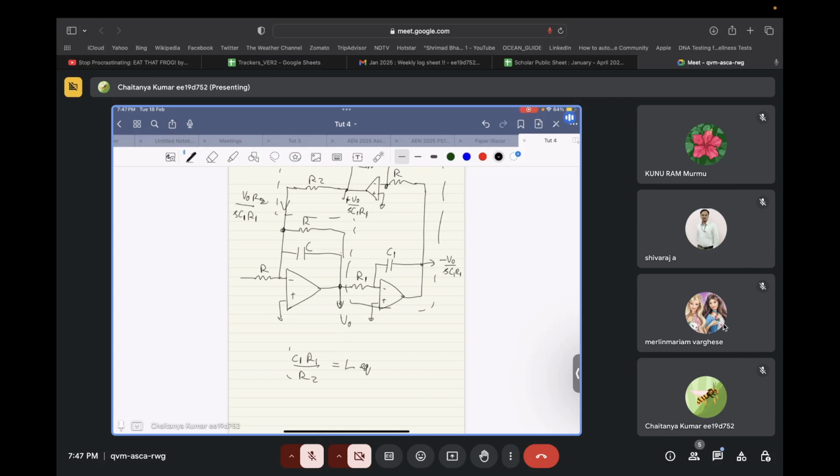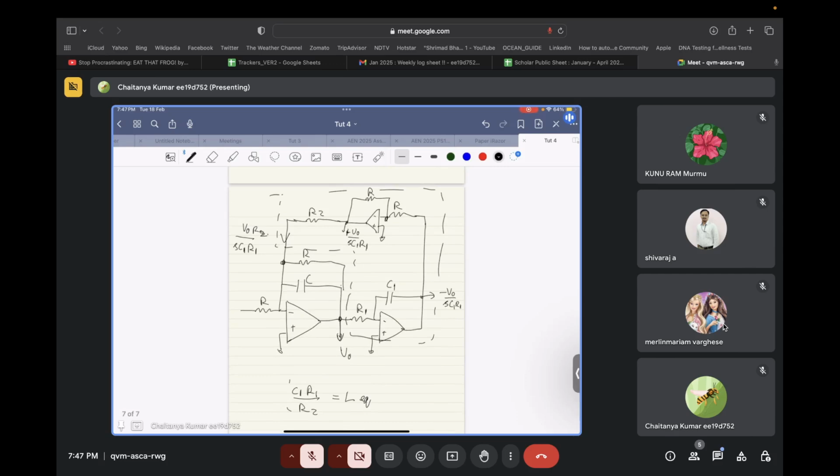Okay, so next we will try to find out its transfer function from input Vin to output V0. The current flowing over here is Vin by R, and here the current I have already written.